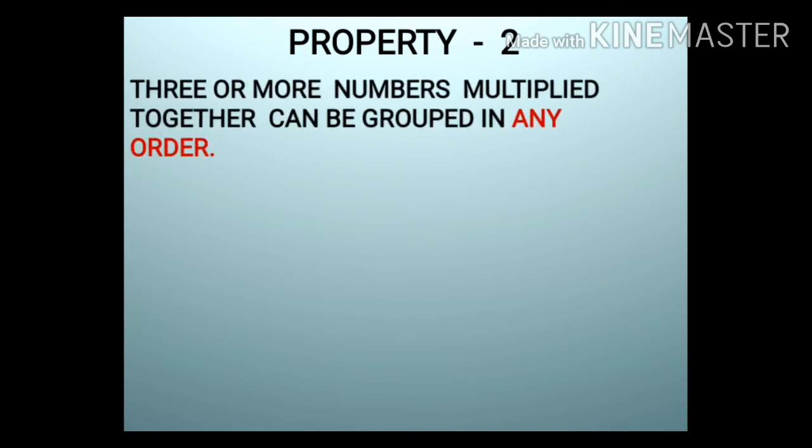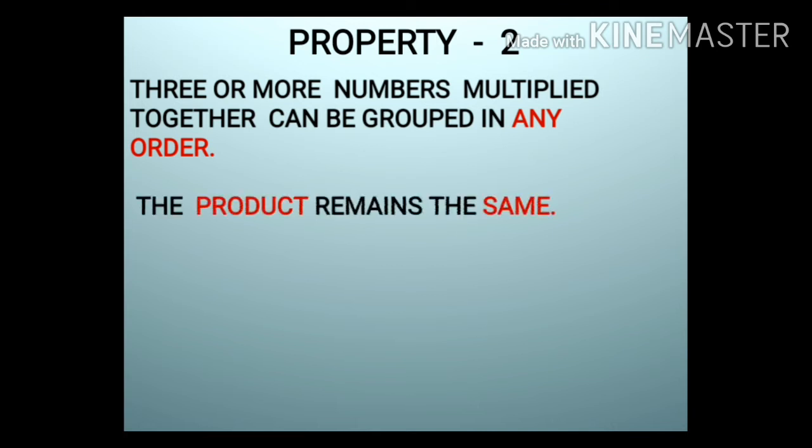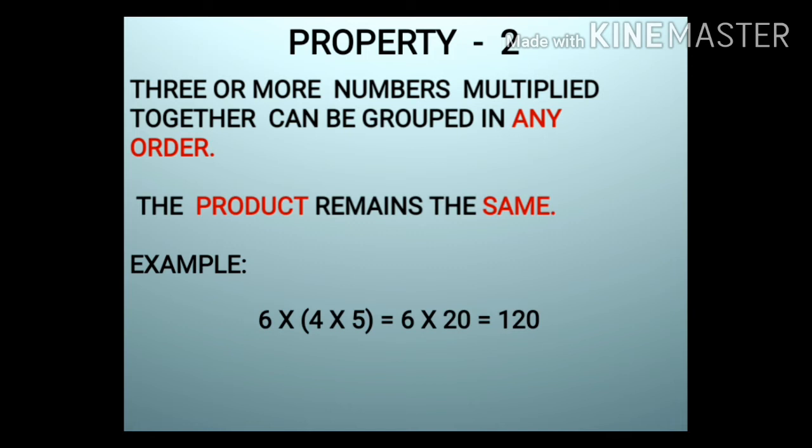Now, let us see what is property 2. When three or more numbers are multiplied together, it can be grouped in any order and the product will remain the same. Let us see some examples. Multiply 6 into 4 into 5. Here the numbers 4 and 5 are grouped together and we get 6 into 20, which is equal to 120.